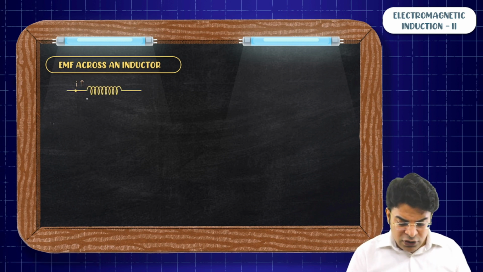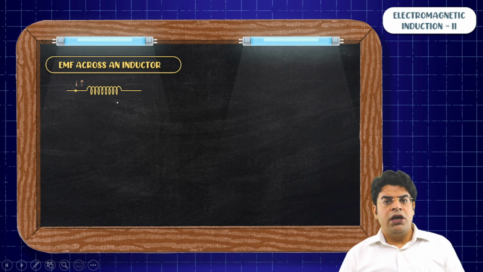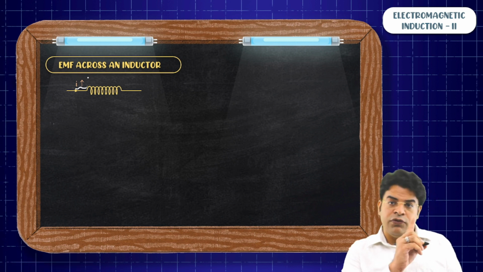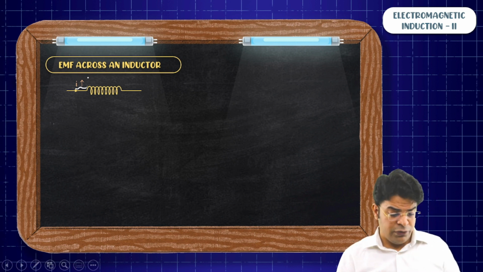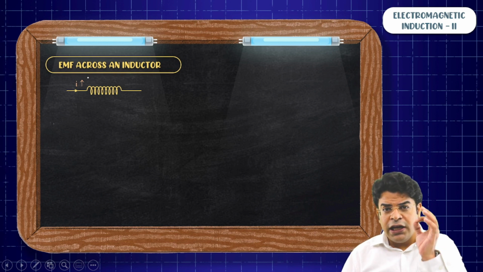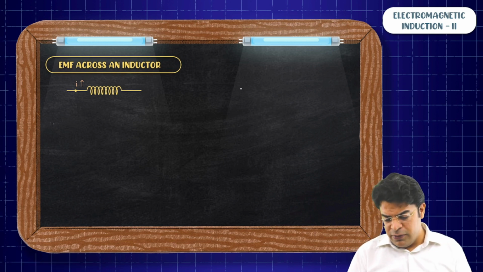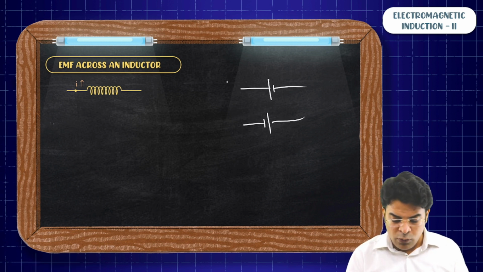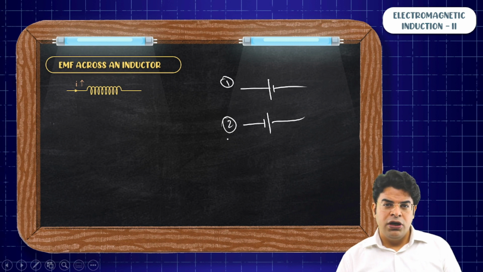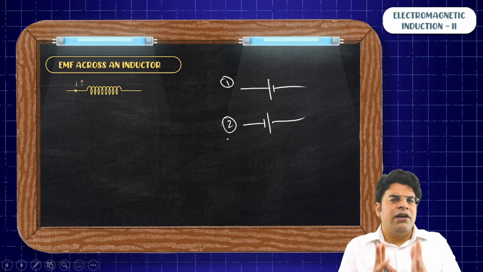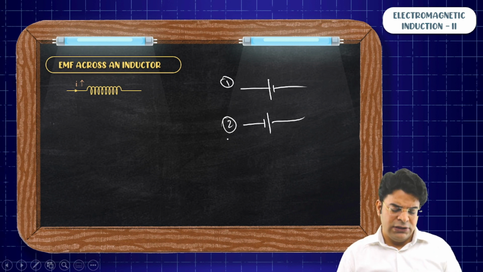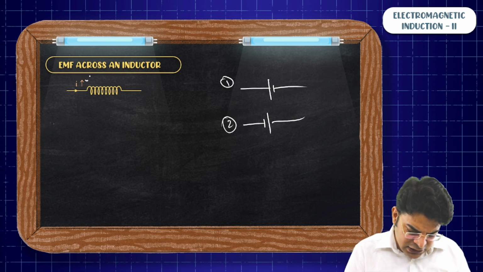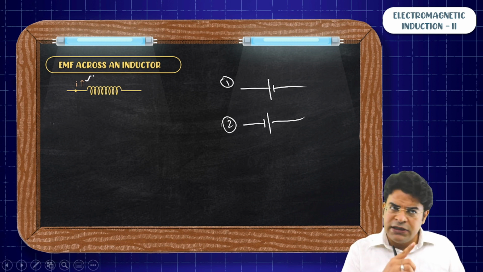Let's say we have got this inductor. In the inductor, current is flowing from left to right. Question is, the EMF induced in this inductor will be like this or like this, like option 1 or option 2. Which side of the inductor will have higher polarity? So you will say that, sir, see, current is from left to right and the current is increasing.